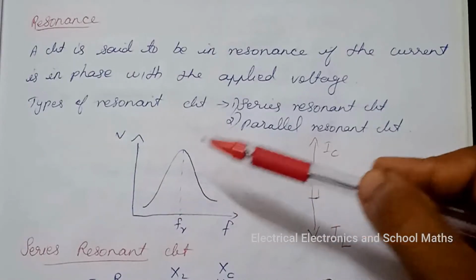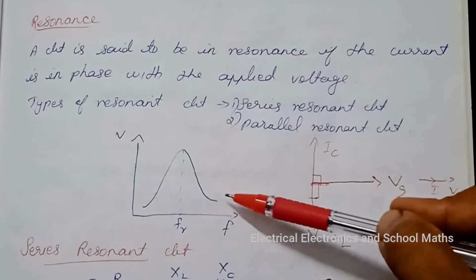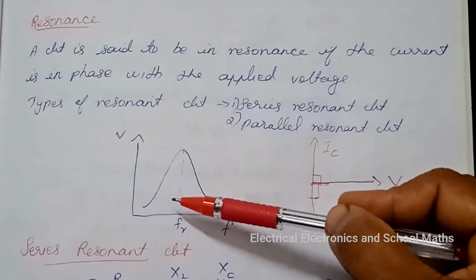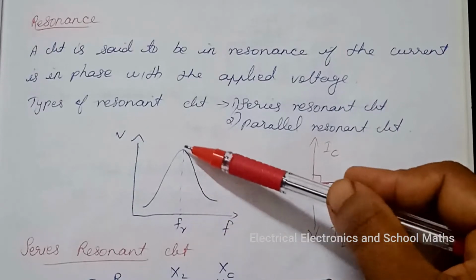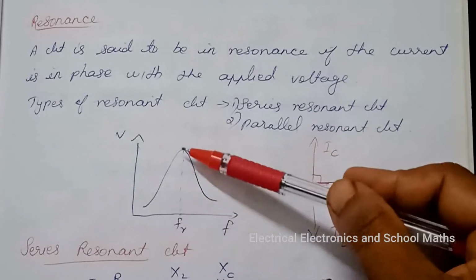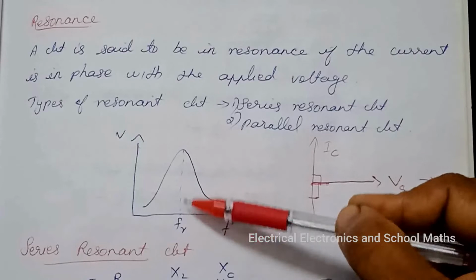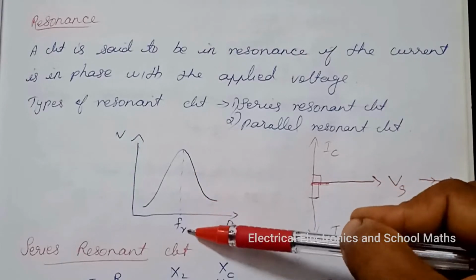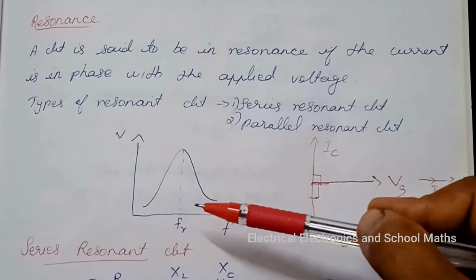In other words, the resonant circuit selects a range of frequencies for which the response will be near or equal to the maximum. When the response is maximum, the circuit is said to be in a state of resonance with Fr as the resonant frequency.